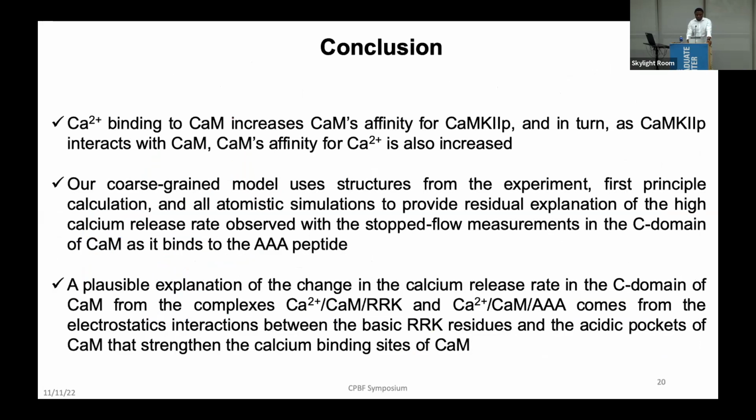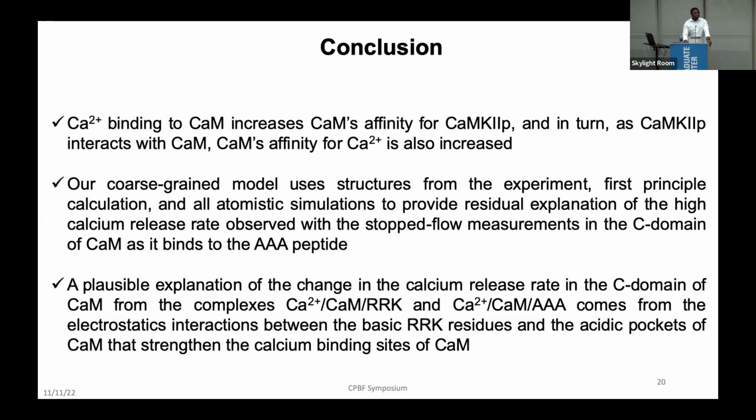So, to conclude this work, there exists a reciprocal effect between calcium, calmodulin, and CaMKII: calcium binding to calmodulin affects the affinity of CaM for CaMKII, and also when CaMKII interacts with calmodulin, it affects the affinity of calmodulin for calcium.